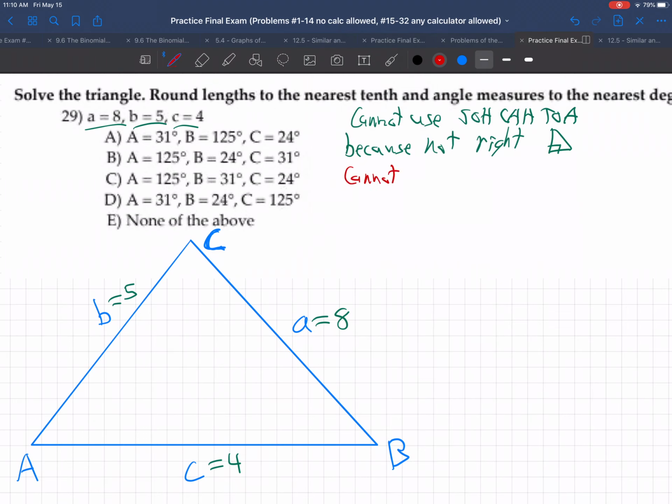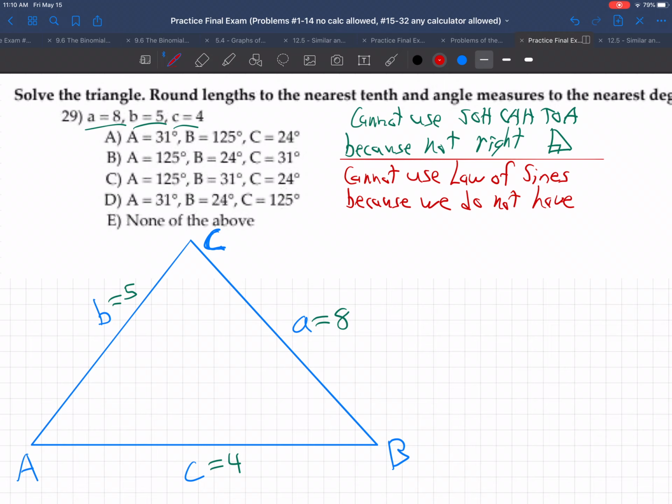So what do we do when we can't use SOHCAHTOA? Well, we try the law of sines or cosines. Well, we also cannot use the law of sines here. It's going to have to be law of cosines. Why can't we use law of sines? Because we do not have two sides, and well, we don't have any side-angle combo, do we?